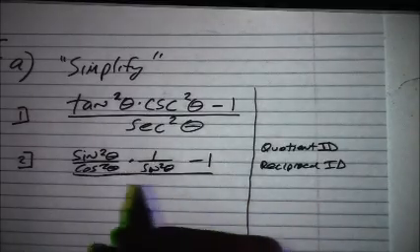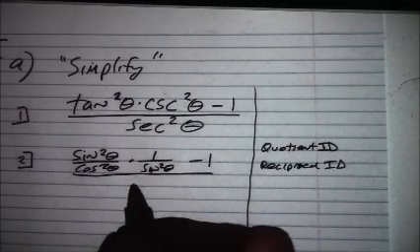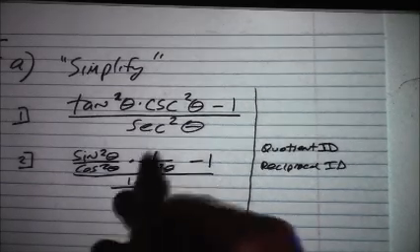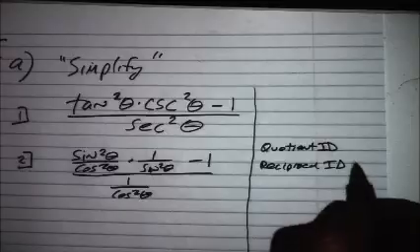So since that's multiplying between those, I'll put the dot this time. I don't really need to, but it helps to keep them now that I'm separating them as fractions. And that's still minus 1, and all of that is divided by, oh, now wait a minute, we can use a reciprocal identity here, because secant squared theta is 1 over cosine squared theta. So we're going to do that one twice.